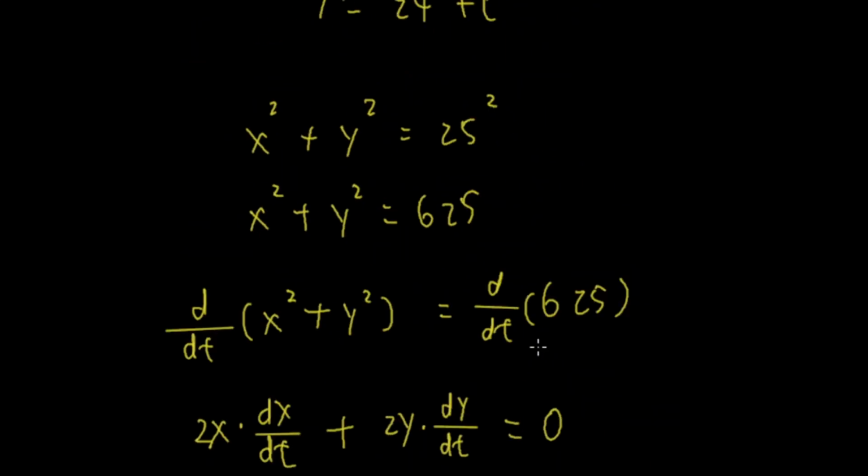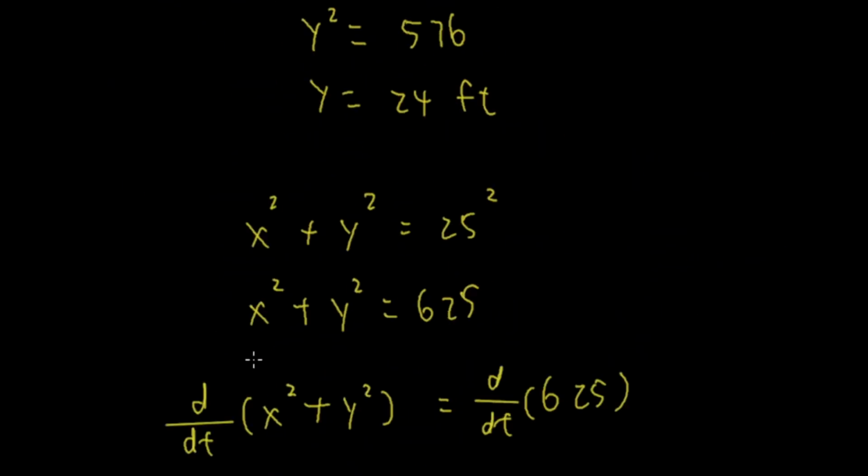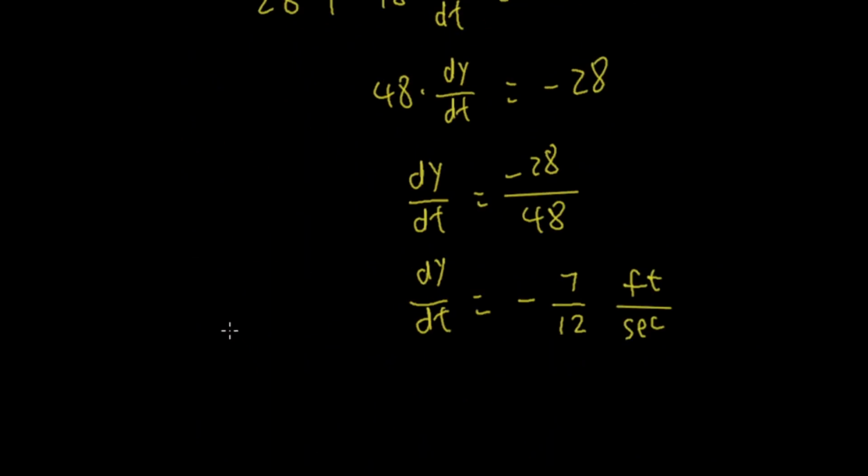Why? Because the ladder is sliding down. This direction here is the y-axis if you put that on the Cartesian plane. If it's going downward, it's going in the negative y direction. So the change of y over time should be a negative value. So this makes sense. Okay, so that's the answer to part A.